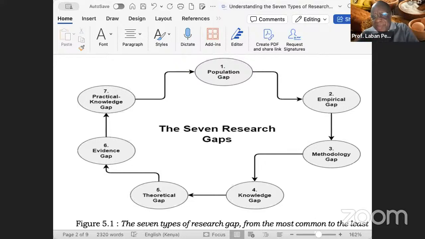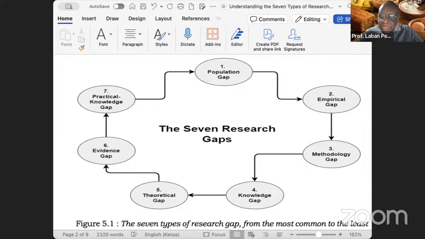So I want to start off with one. Let us pick one type of research gap, and then we'll illustrate, and then I'll pause for questions, because I would like to hear a lot of questions coming to me about these gaps.